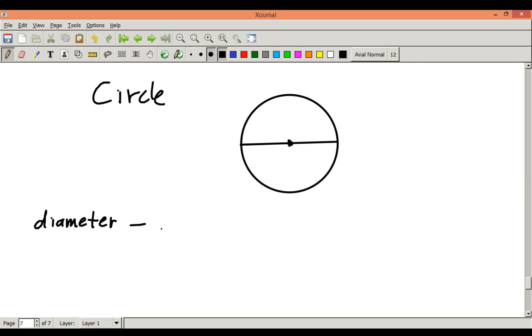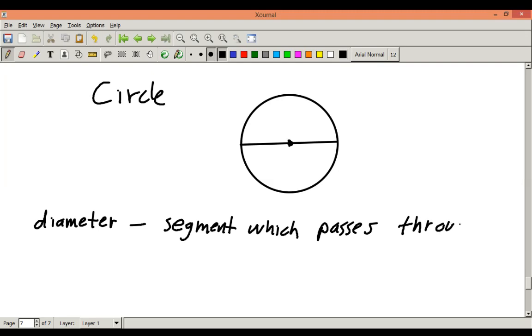A diameter is a segment which passes through the center like you see there, with its endpoints on the circle.